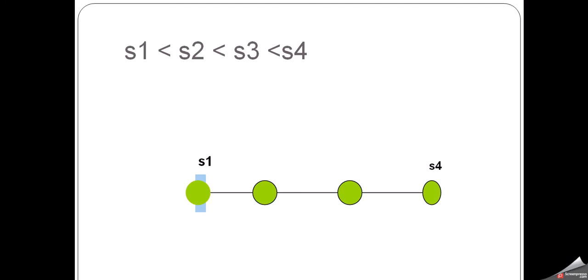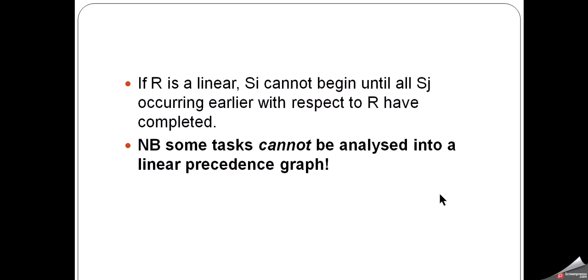And if S1 needs to be done before S2 and S2 before S3, we can talk about a linear precedence relationship, and we can represent it in this way, from left to right. S1 has to be done before S2, S3 has got to be done before S4, and so on.